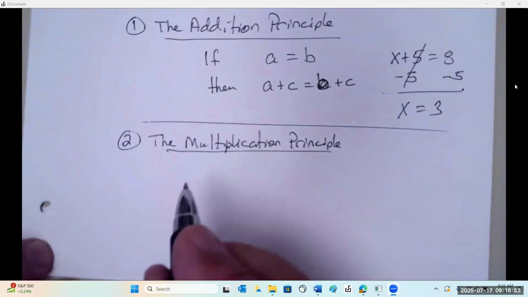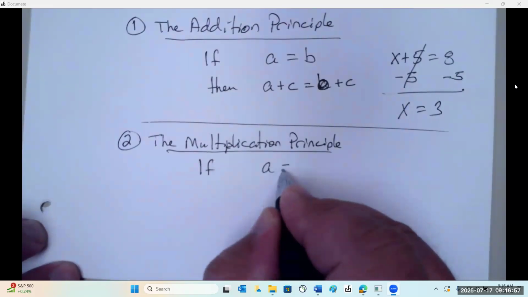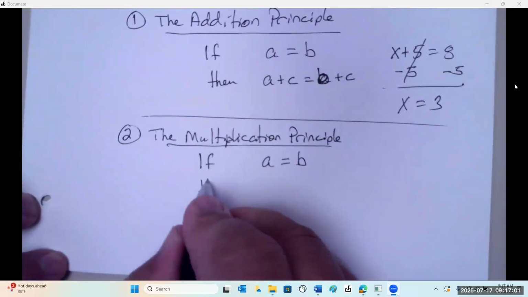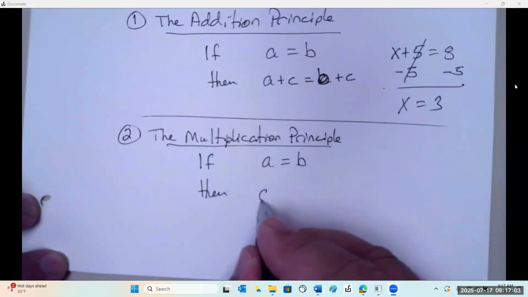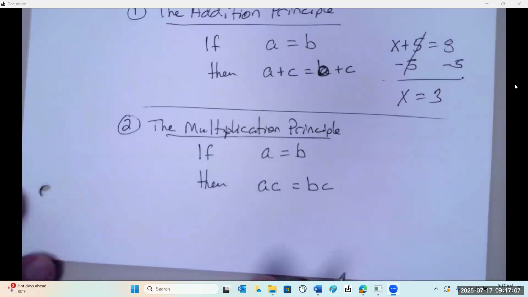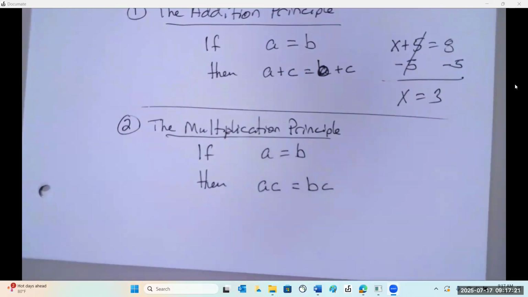What this one says, again, if A equals B, then if I multiply the same term to both sides, I keep equality. Whatever I do to one side, I got to do the same thing to the other side.